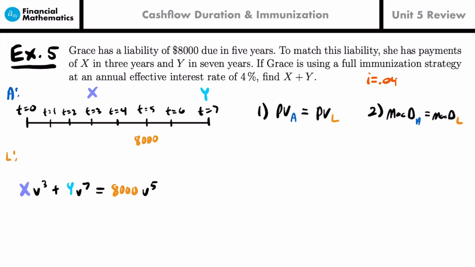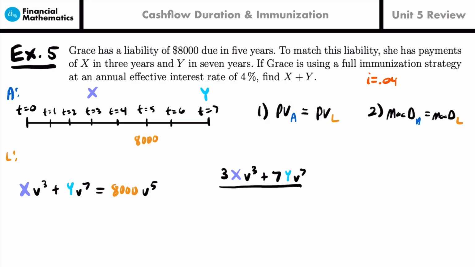Now let's work with the durations. Let's calculate the Macaulay duration of the assets. You'll have the present value of the assets, but then multiplied by the time at which they are made, or at which they're going to be received. So we're going to have 3 times X times v cubed plus 7 times Y times v to the power of 7.